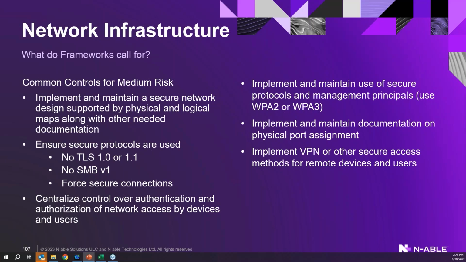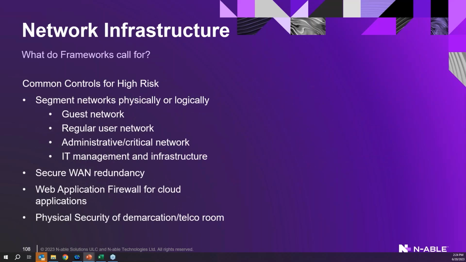And then inside of the high risk environments, they want you to start segmenting the networks physically or logically into business functions. You're going to have your guest network, then you're going to have your regular user networks, and then you're going to have your administrative and critical network setup, and then a separate network for IT management and infrastructure management.